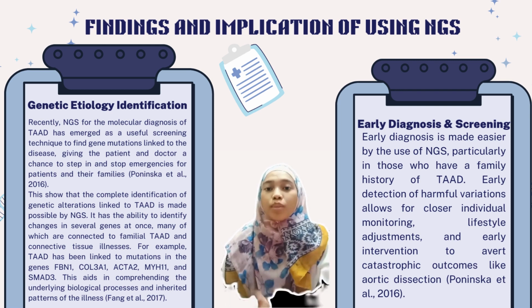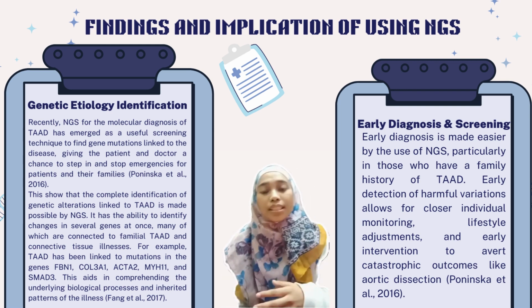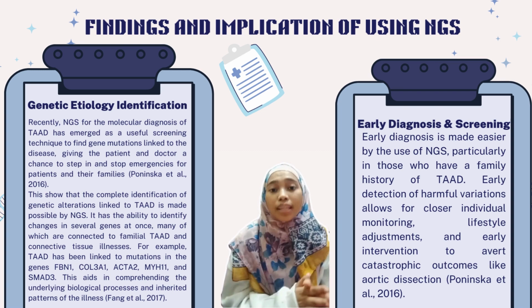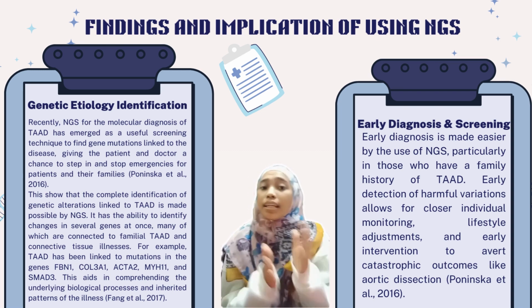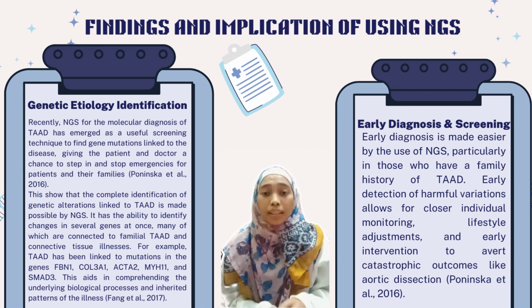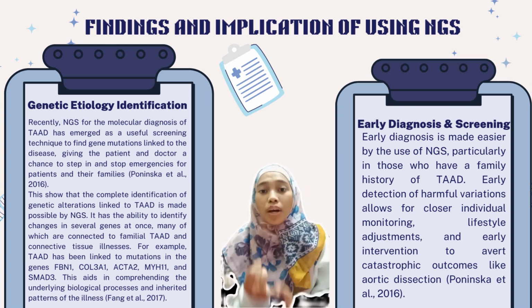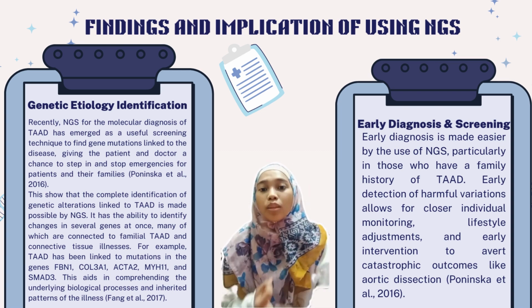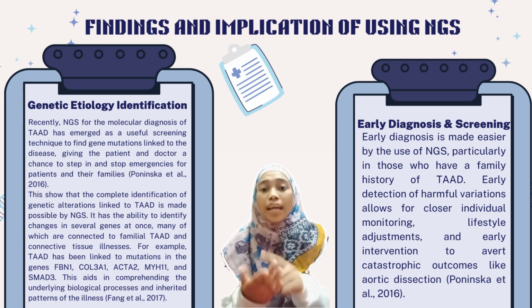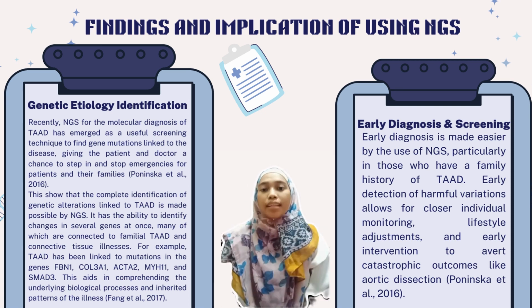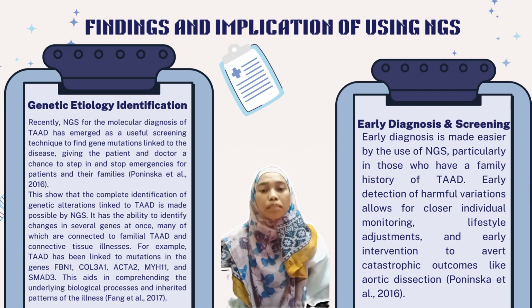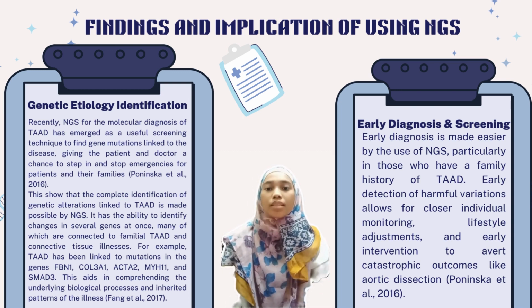It has the ability to identify changes in several genes at once, many of which are connected to familial TAAD and connective tissue illness. For example, TAAD has been linked to mutations in the genes FBN1, COL3A1, ACTA2, MYH11, and SMAD3. This aids in comprehending the underlying biological process and inherited patterns of the illness.